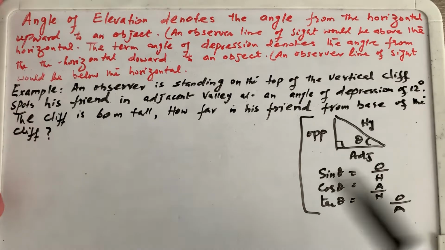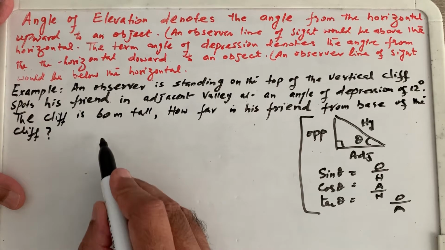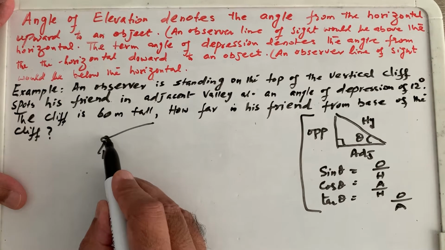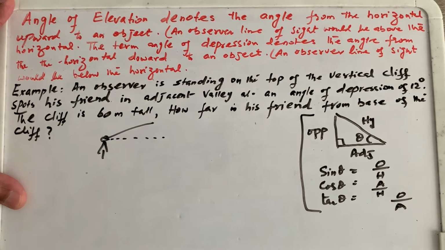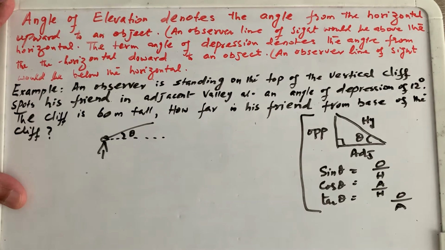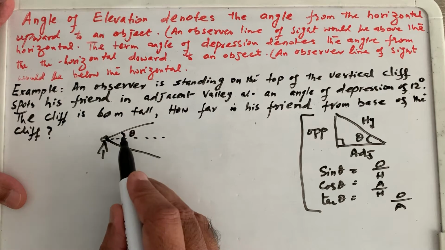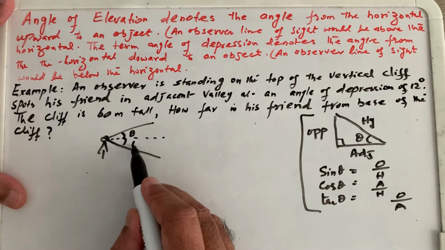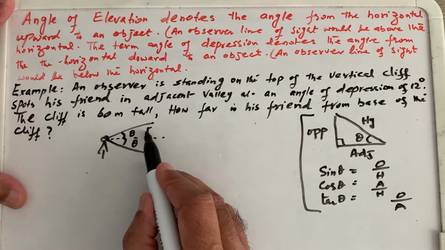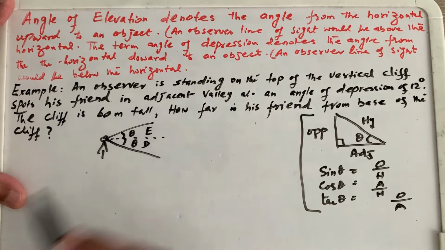Upward to an object means if somebody is watching here and then he sees upward, and this is his sight line. So the upward angle is called angle of elevation, whereas the downward angle is called angle of depression. So this is your angle of elevation, this is your angle of depression.